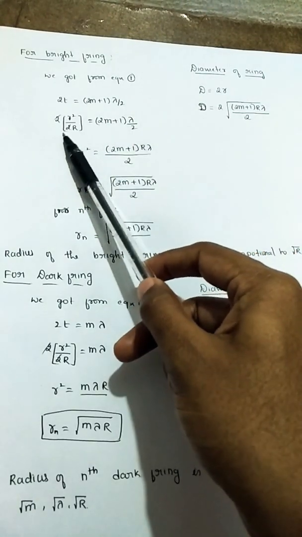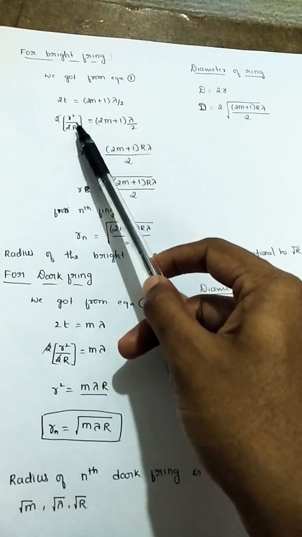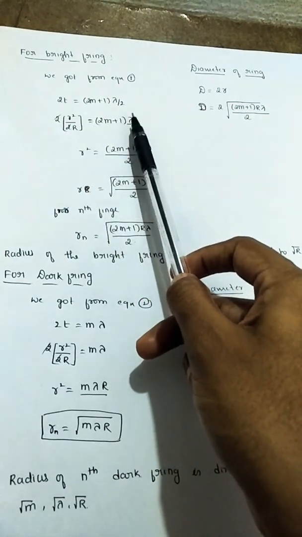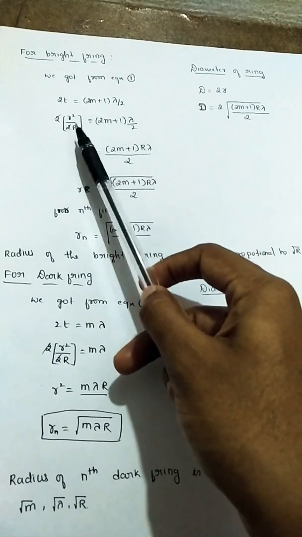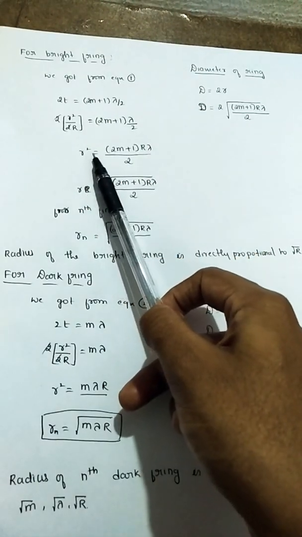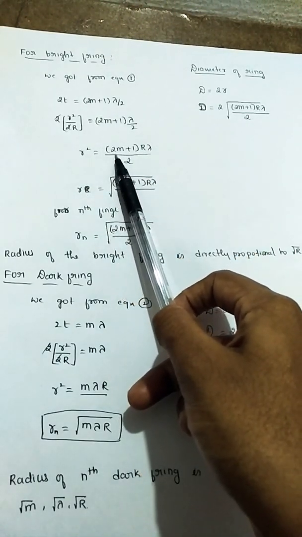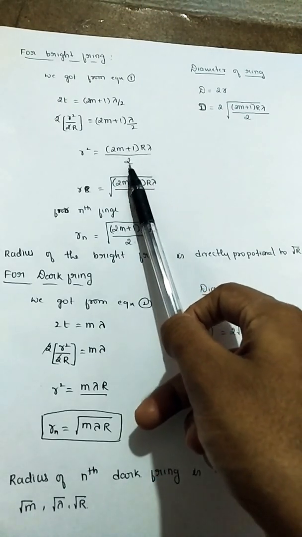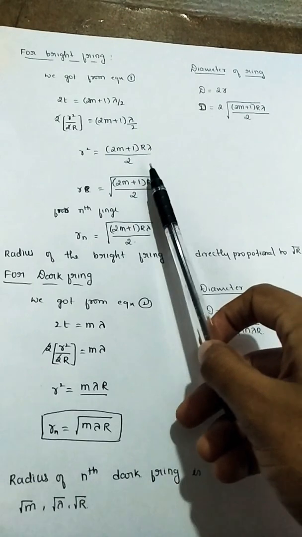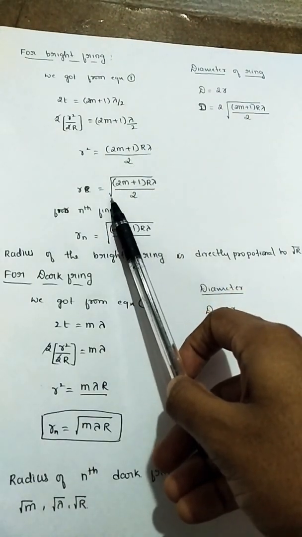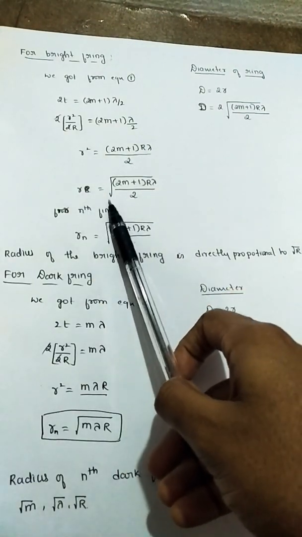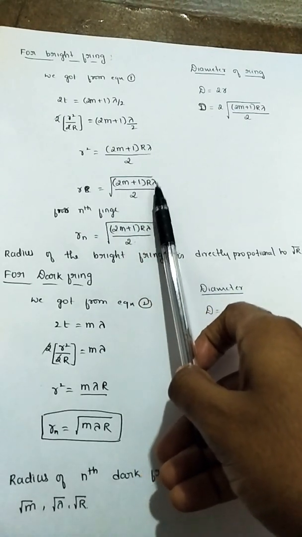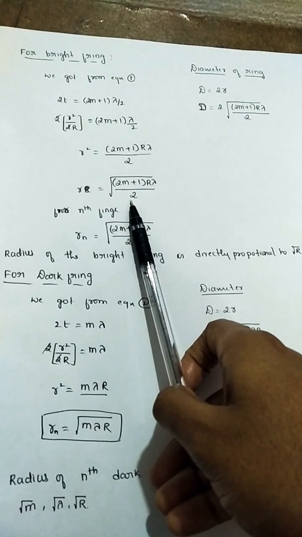Here 2 gets cancelled, then we will get r square divided by capital R is equal to (2m plus 1) into lambda divided by 2. Therefore, we can write small r square is equal to (2m plus 1) into capital R into lambda divided by 2. Then we can write the radius of the fringe, that is r is equal to square root of (2m plus 1) R lambda divided by 2.